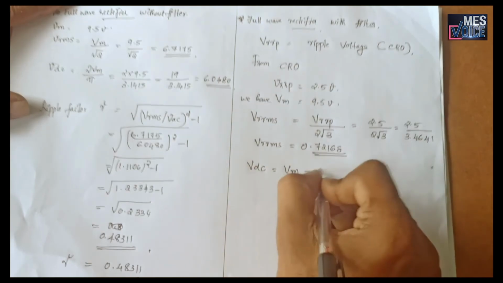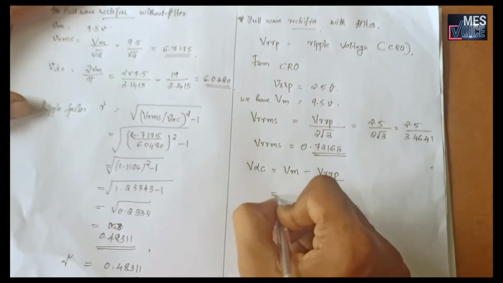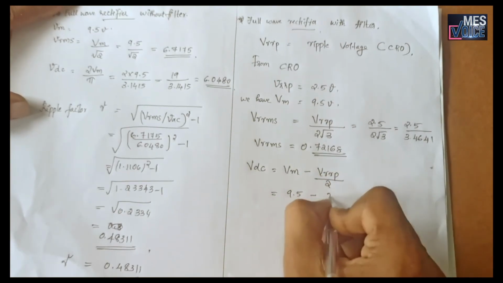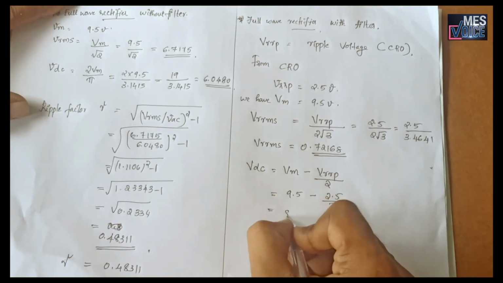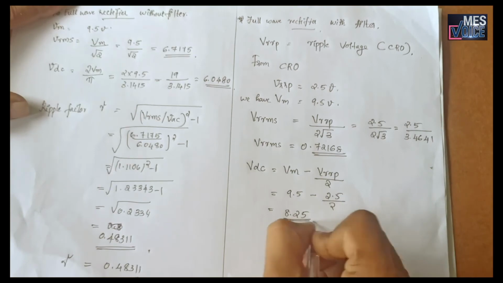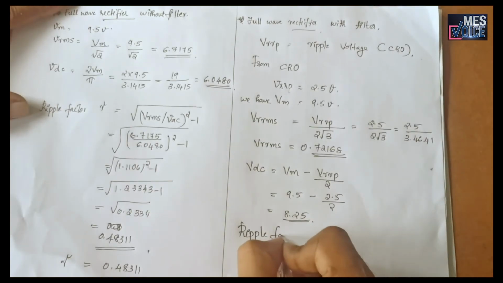Now V_DC equals Vm minus V_rpp divided by 2, which is 9.5 minus 2.5 divided by 2, which gives 8.25.